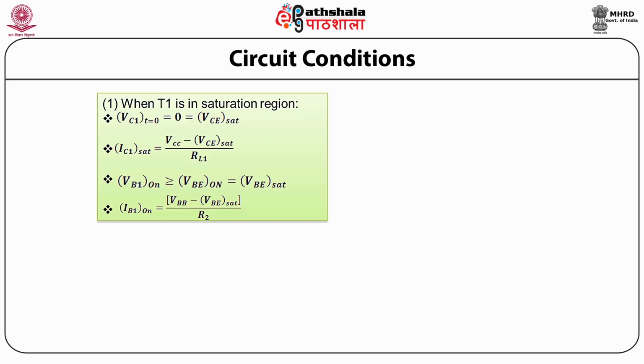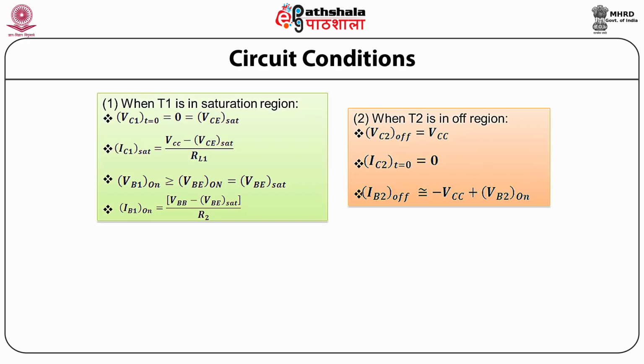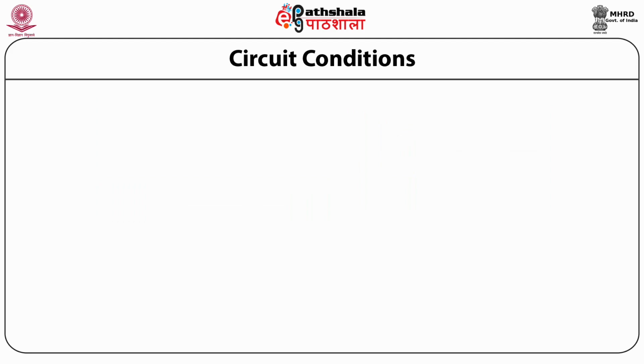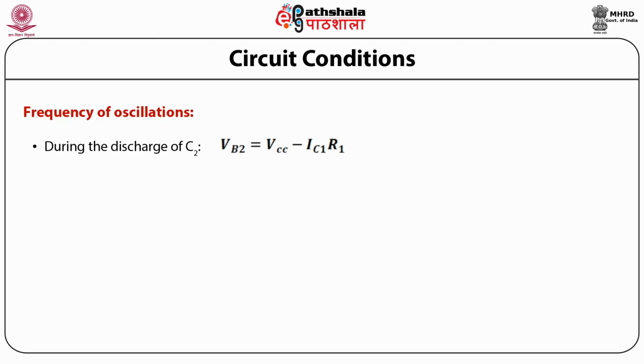The second case is when T2 is in the off region. That is, VC2 off equals VCC, IC2 equals 0, and IB2 off is approximately equal to minus VCC plus VB2 on. So for the frequency of oscillations, during the discharge of C2, VB2 will be equal to VCC minus IC1 R1.